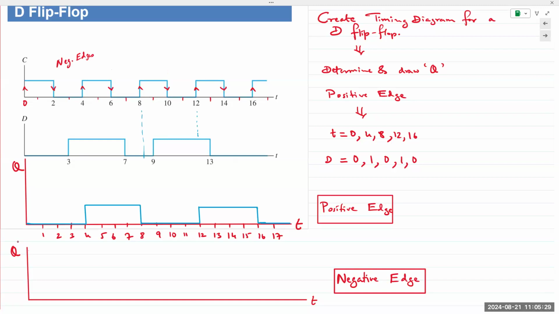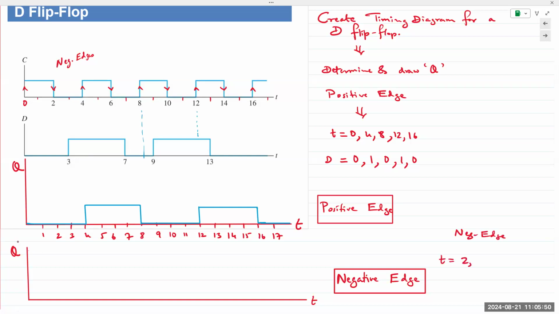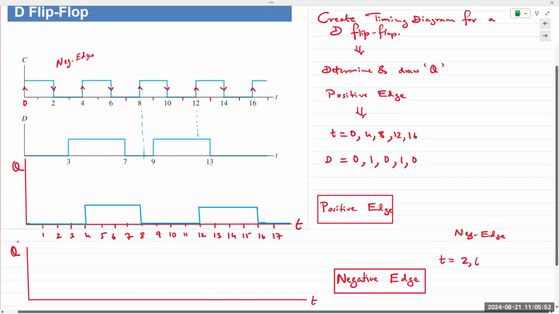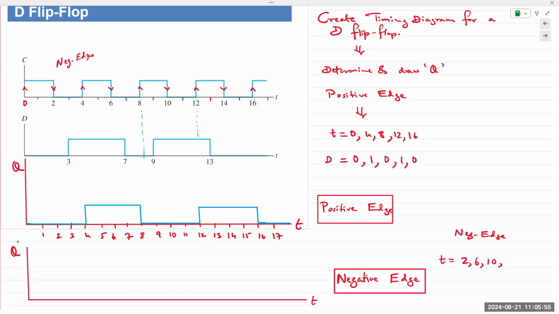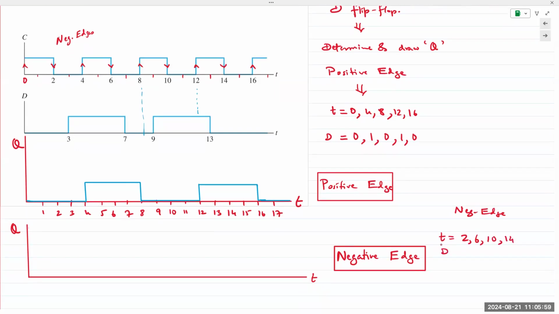So it should change at 2, 6, 10, and 14, right? 2, 6, 10, and 14. So negative edges change at t equals 2, 6, 10, and 14. Let's look at the corresponding values of D at those times.